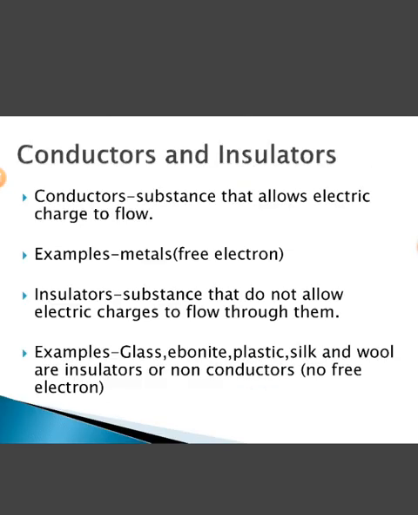Now, let's quickly take a look at what conductors and insulators are. Conductors are substances that allow electric charges to flow. Examples of conductors are metals. Insulators are substances that do not allow electric charge to flow through them.